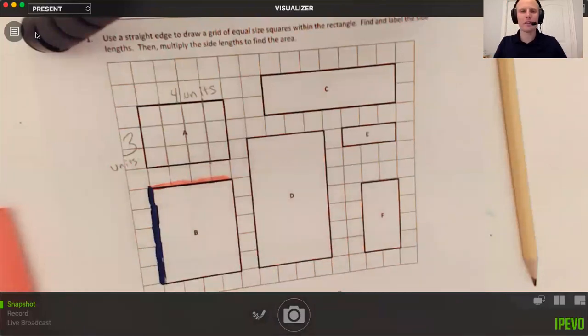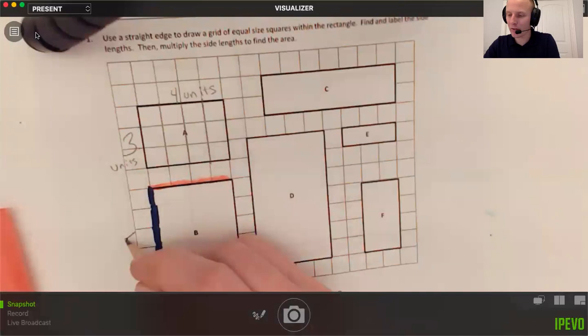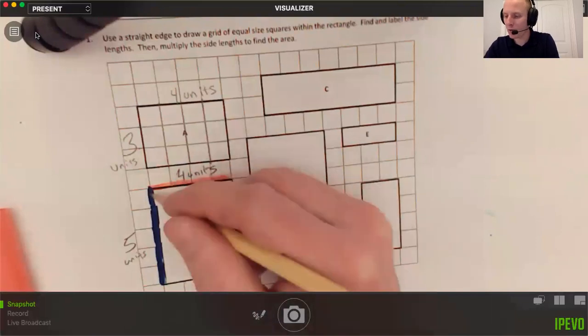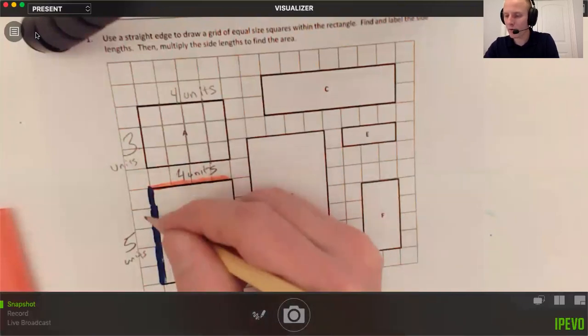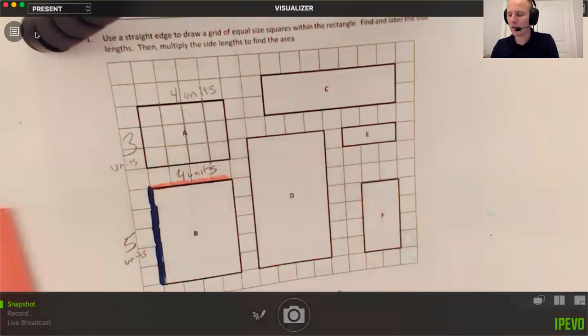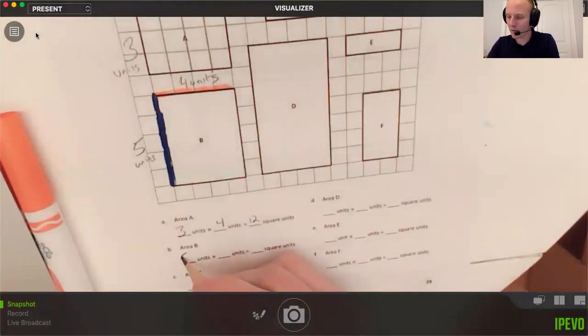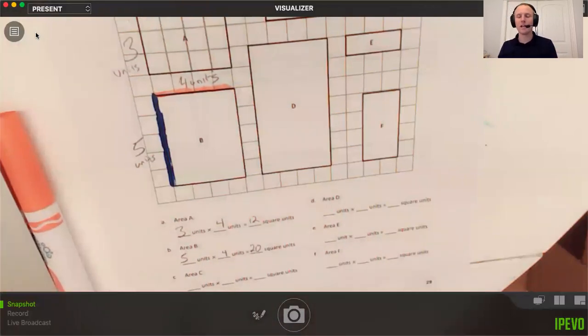So even though there's nothing inside our rectangle, we can see that the side lengths are 5 units and 4 units, right? Just by counting the rectangles on the outside. So in part B, I already know that I have 5 units times 4 units is 20 square units. And I didn't have to draw anything in with my straight edge.